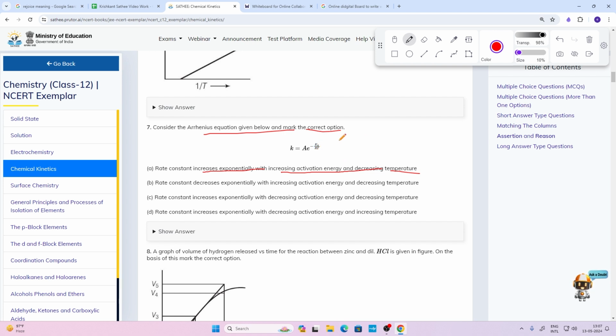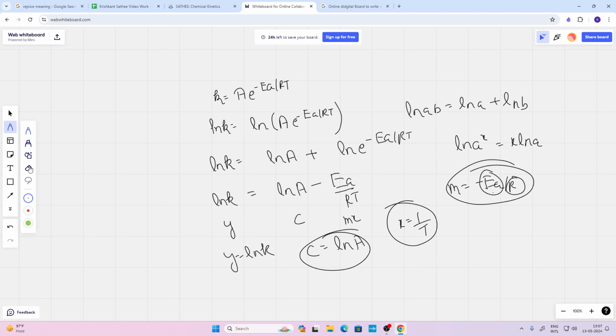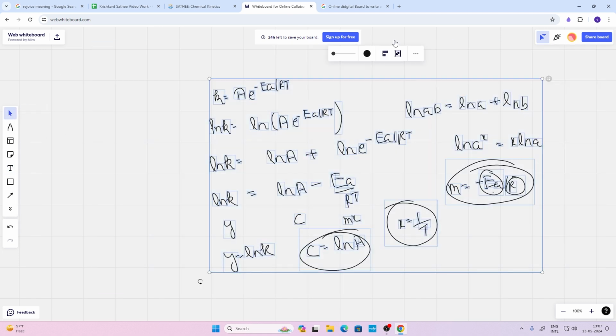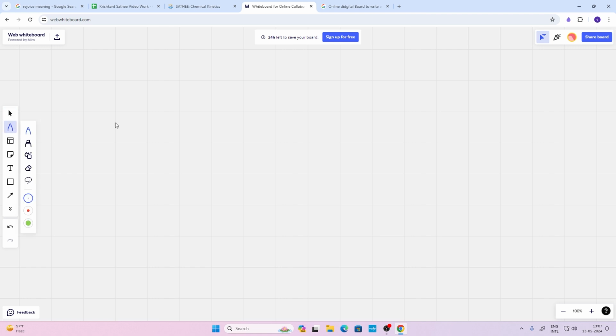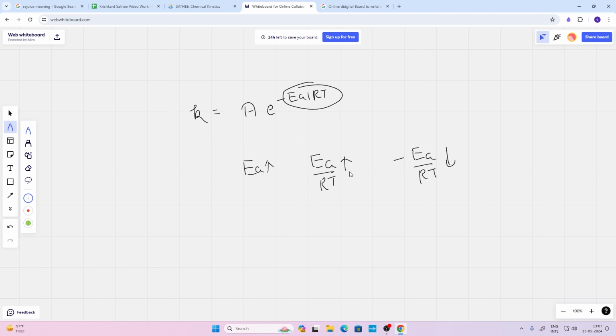So if I just write it here, K is equal to A e to the power minus EA by RT. If EA will increase, EA by RT will also increase, because EA is on the numerator. And since it is with a negative sign, minus EA by RT will decrease as this value is increasing, and it is power to e.